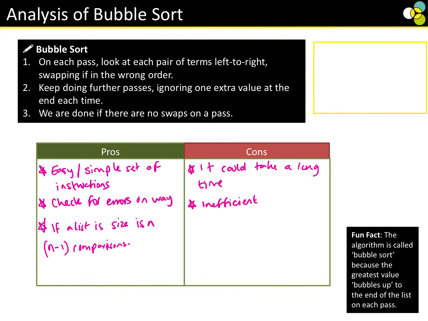Now, if we were to write this out, on the first pass you're going to do n minus 1 plus n minus 2 plus ... plus 3 plus 2 plus 1. This is actually a quadratic sequence. So we would say that bubble sort has quadratic order.